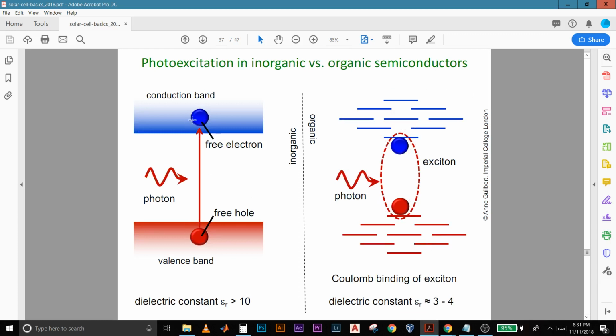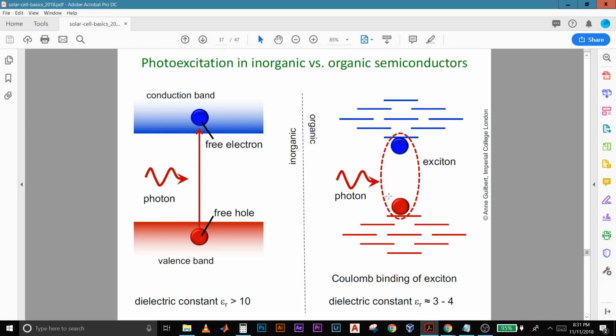So in the inorganic case, the absorption of a photon leads to the transition of a free electron from the valence band to the conduction band, thereby generating electric current. But in the case of organic semiconductors, you have highest occupied molecular orbitals and lowest unoccupied molecular orbitals.